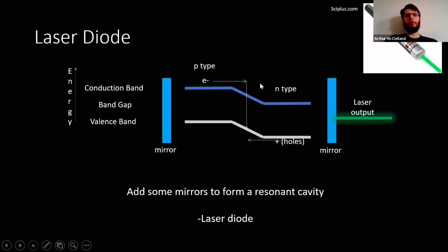And then if we add some mirrors, these are usually in a semiconductor just the facets on the end of the crystal, cut so that they're reflective, we make a resonant cavity. As the photons are generated, they bounce back and forth in the resonant cavity and generate a laser as the output.